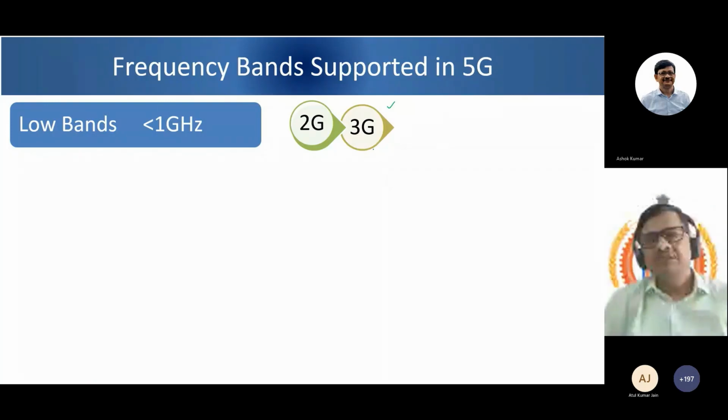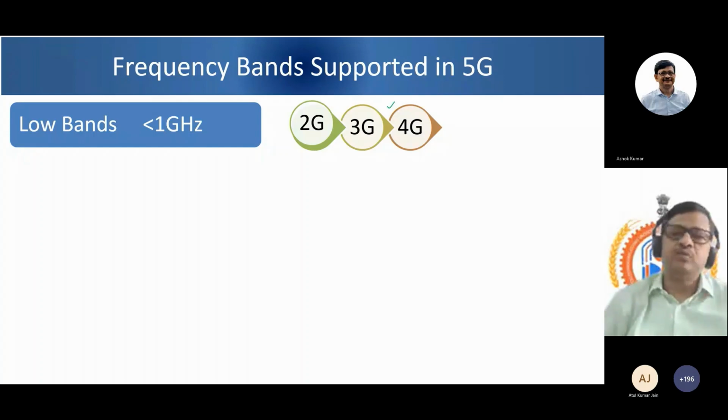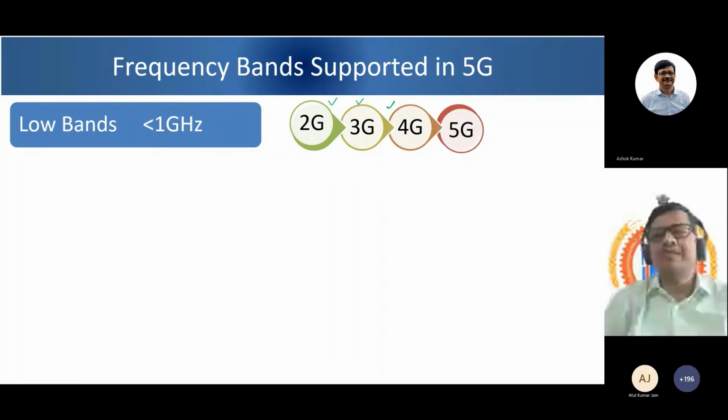For example, if you look at Jio's implementation of 4G, they have acquired the CDMA spectrum of the earlier company Reliance Infocomm, and they are using it for 4G. So what I'm trying to say is that the lower band is being used by 2G, 3G, and also 4G. And the good point is that these bands are also supported in 5G.